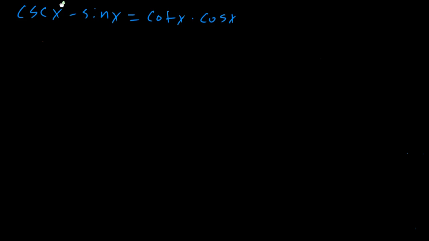So we have cosecant of x, which is equal to 1 over sine of x, minus sine of x is equal to cotangent of x, which is equal to cosine of x over sine of x, times cosine of x.